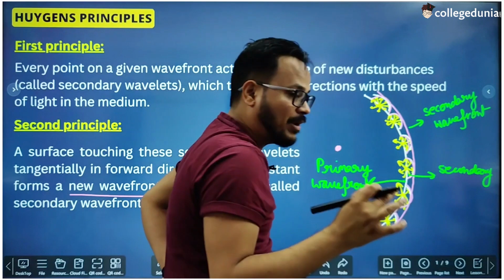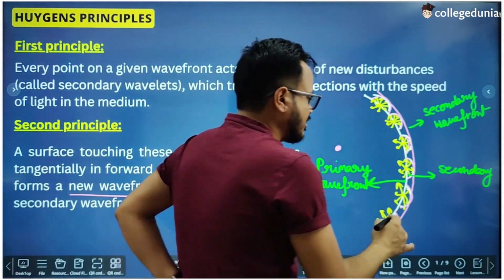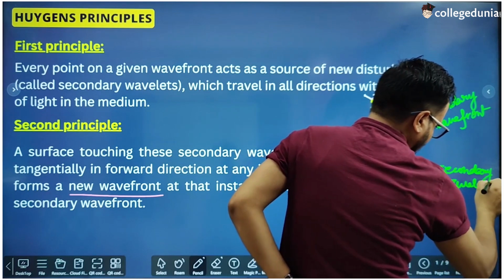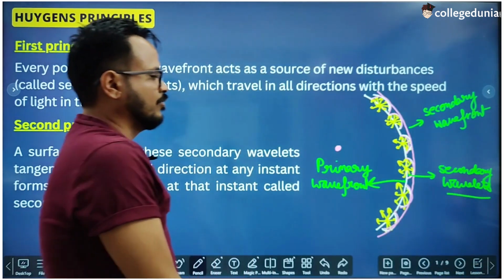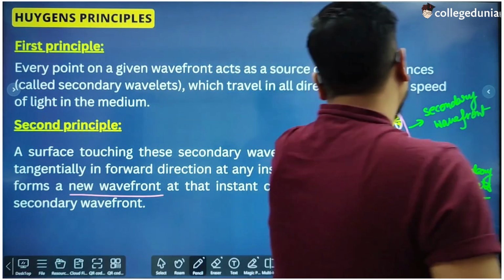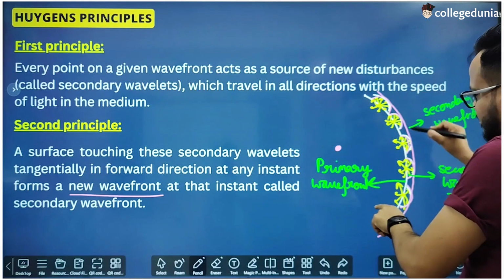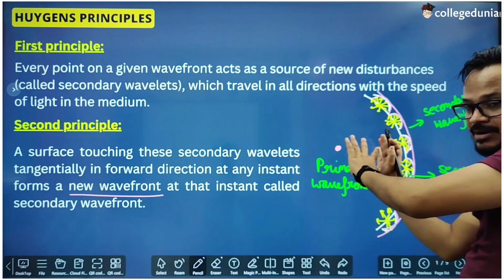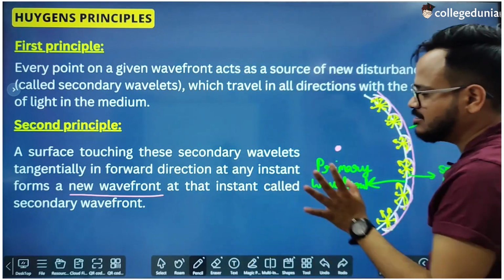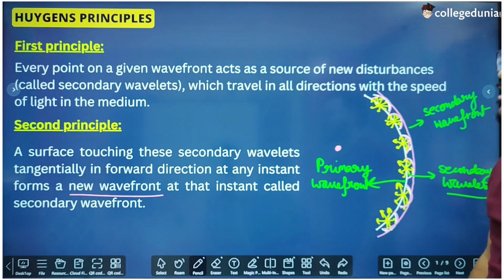Wavelets emerging from the primary wavefront are called the secondary wavelets. So let's read it again. A surface touching these secondary wavelets tangentially in the forward direction, not in the backward direction, at any instant forms a new wavefront at that instant, and that is called the secondary wavefront.